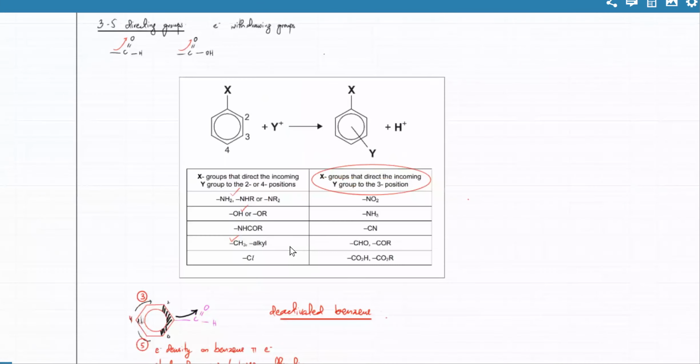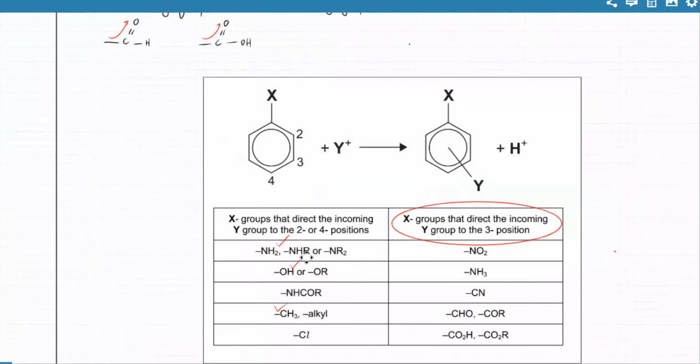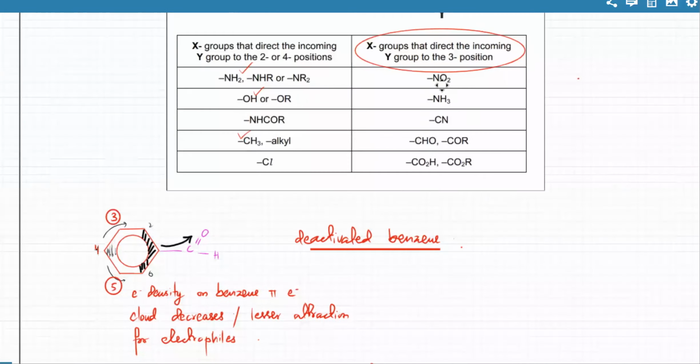For a 3,5 directing group, just remember that it has an electron withdrawing effect, and the electron density becomes lesser. So they might ask you why the reaction is slow. It's slow because the electron density gets pulled or withdrawn by the group that's attached to it, whatever that group is. You could have any of these groups.